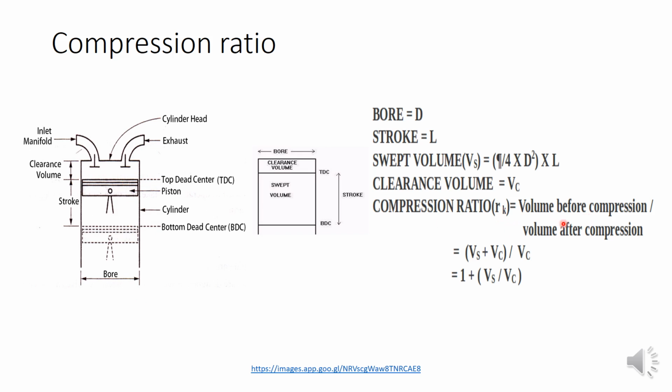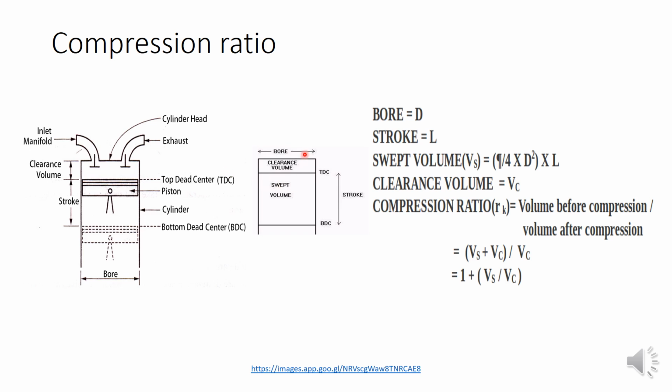Then the volume available is only the clearance volume, so the denominator will have Vc only. So compression ratio, volume before compression to volume after compression, is Vs plus Vc by Vc, or we can write it as 1 plus Vs by Vc. That is the compression ratio. All these are important parameters which we use in solving problems or specifying an actual engine.